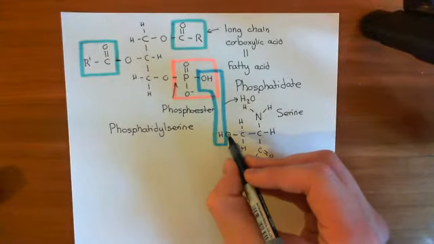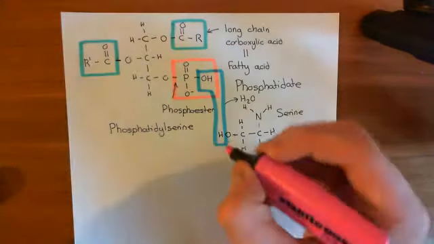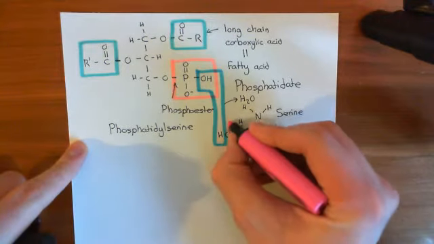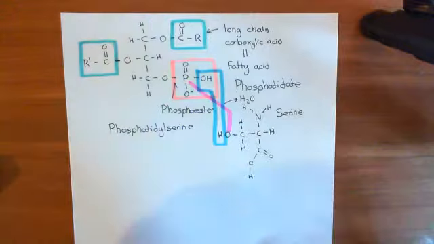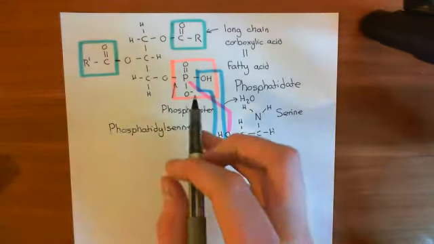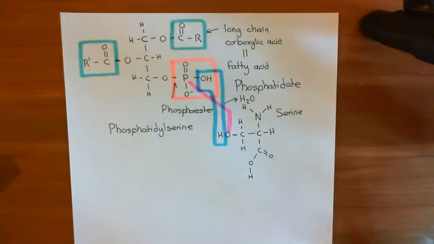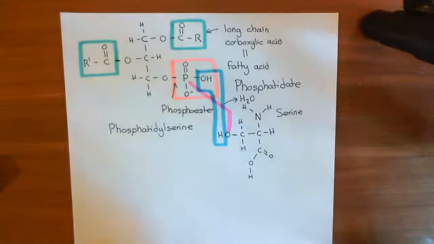Then you're going to link this remaining oxygen, so I'll draw this purple line here, to this phosphorus atom at the center of this phosphate group. And that's how you link serine onto our phosphatidate molecule to create phosphatidylserine.